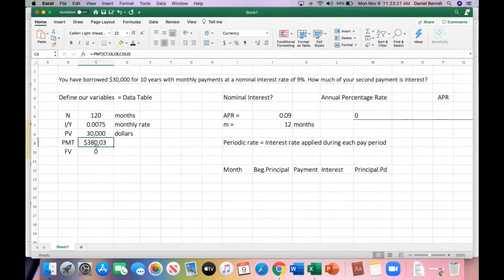But what this does not tell us is how much of that payment is interest and how much is principal. That's where the amortization schedule comes in, and we're going to learn how to figure that out.